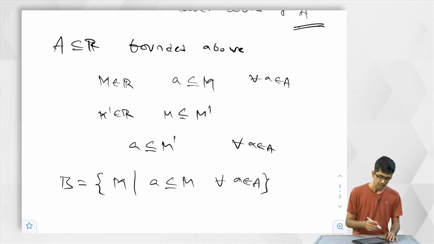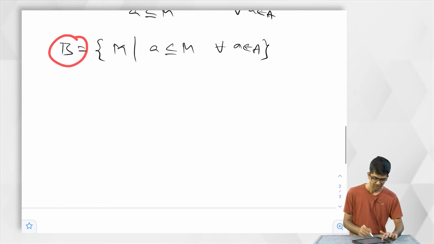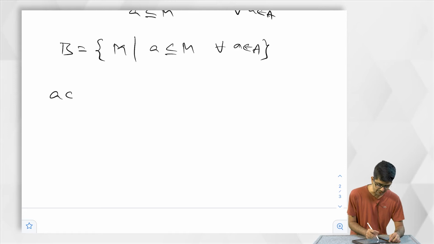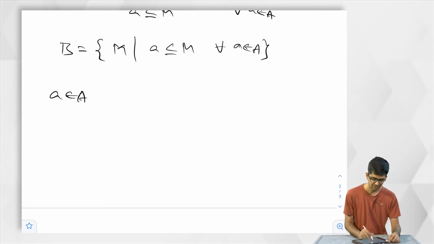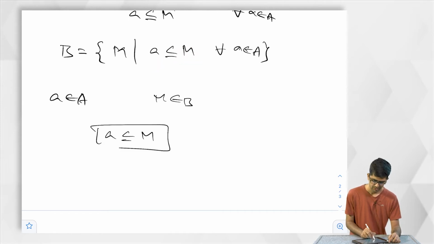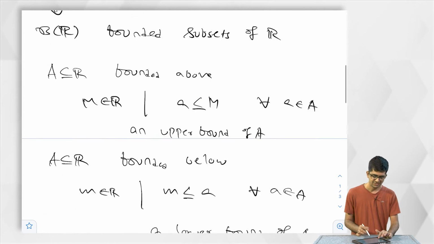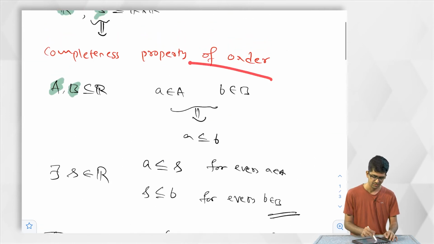Now, think about the relation between A and B. If I take an element A belongs to A and element M belongs to B, what do we have? By definition, M is such that for every A we have this property. So, A is less than or equal to M. So, this says the sets A and B satisfy this condition.